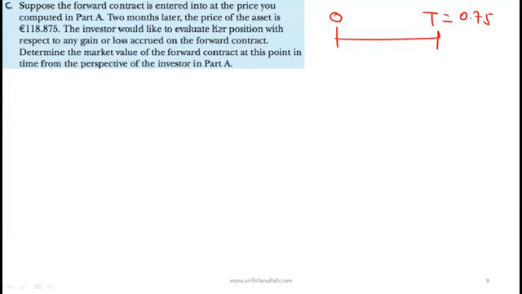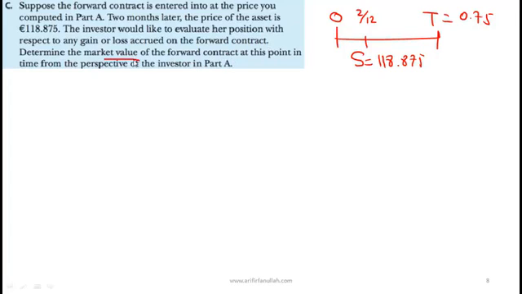2 months later is 2 over 12. The spot price is 118.875. The investor would like to evaluate her position with respect to any gain or loss accrued on the forward contract. Determine the market value.